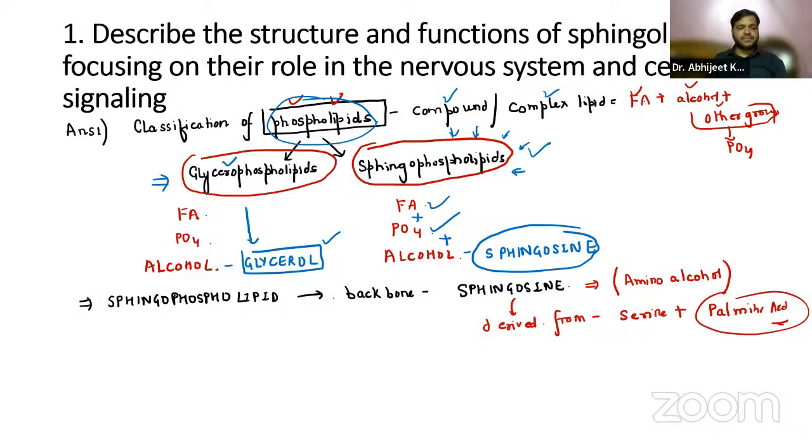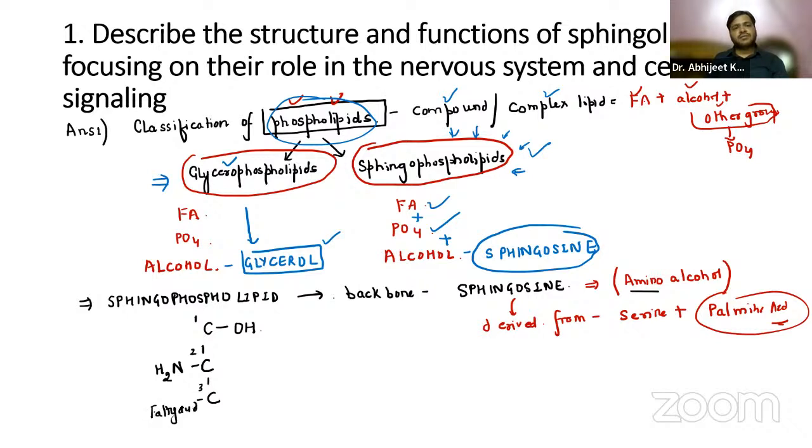Now, guys, let me try to draw the structure of the sphingosine so that it's very clear to you. We have one carbon that is bonded with the hydroxyl group. The another carbon, I've already told you, it's an amino alcohol. Amino means NH2 group, right? So the second carbon has this amino group, that is NH2. First carbon, second carbon, and the third carbon, guys, is basically linked to the fatty acid.